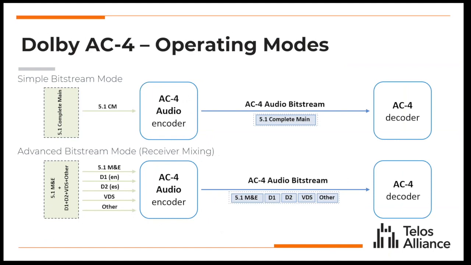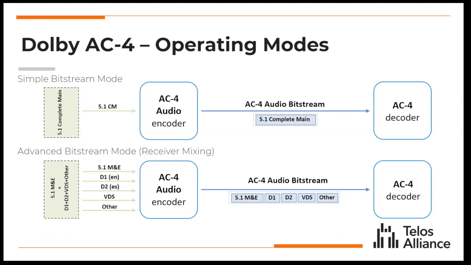With AC4, by sending out the individual stems, essentially, and letting the receiver do the mix, you can allow your English dialogue, your Spanish dialogue listeners to both get a 5.1 experience with the dialogue, and the same with the VDS service. So now your visually impaired viewers can get that 5.1 experience with the VDS signal.